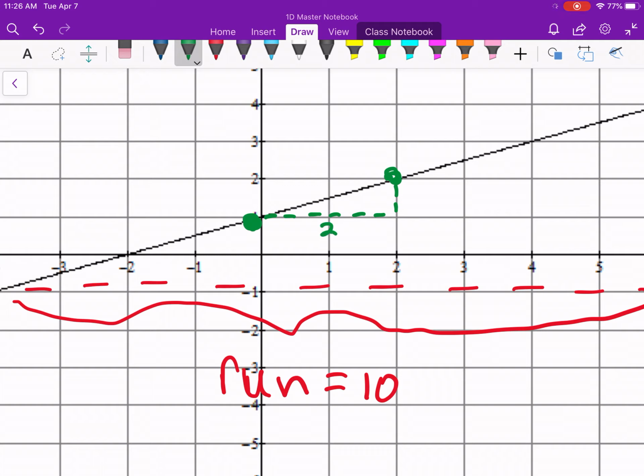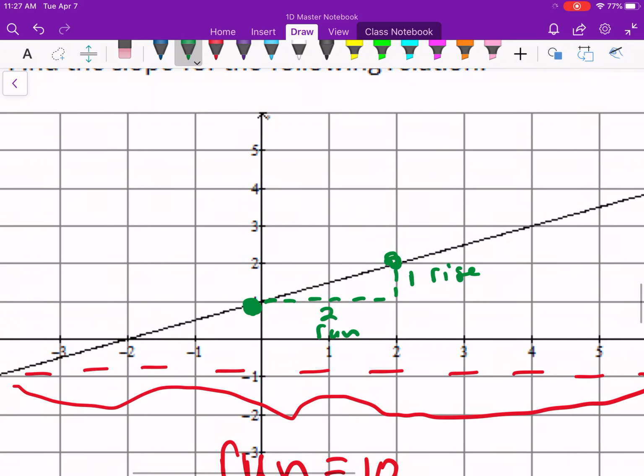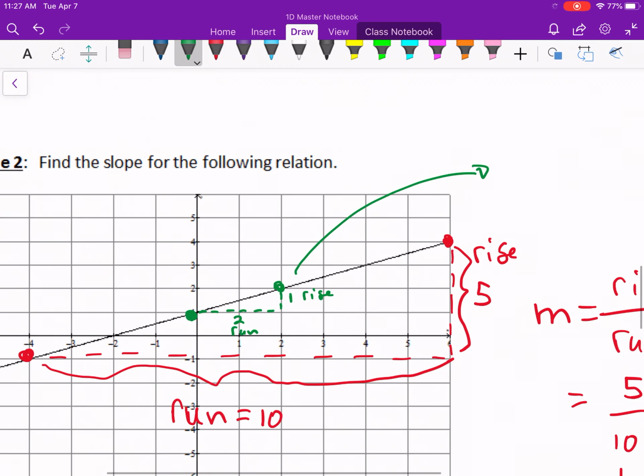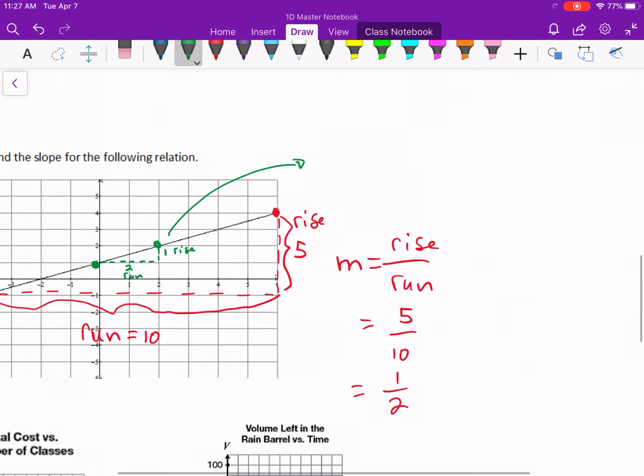And I'm going from 1 up to 2 on my rise. Rise, run. So, slope equals rise over run, which equals 1/2.